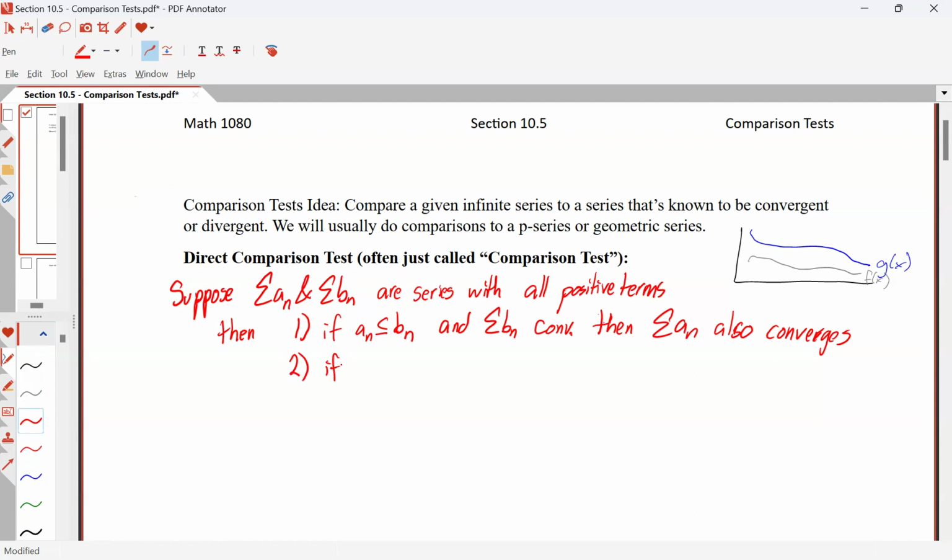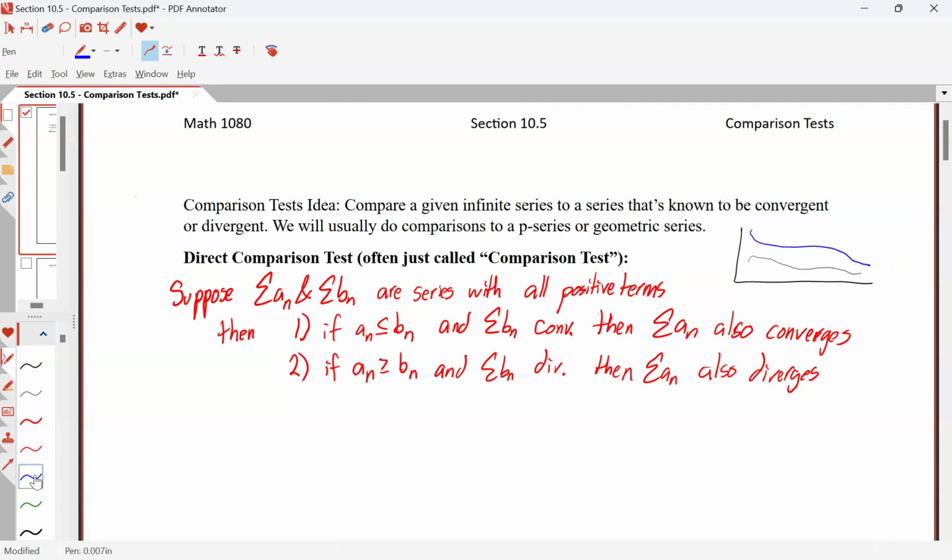The second is the reverse. If we have that an is bigger than bn and the series bn diverges, then the series of an also diverges. And this would be, for our integral comparison test, if these functions were switched.